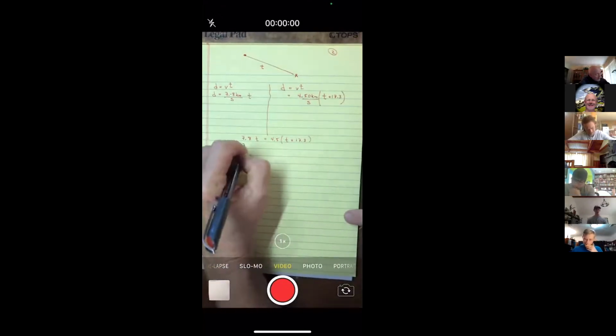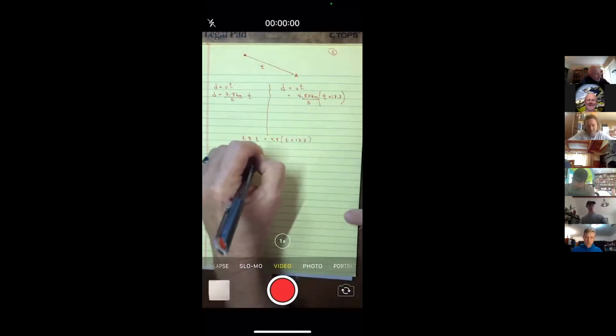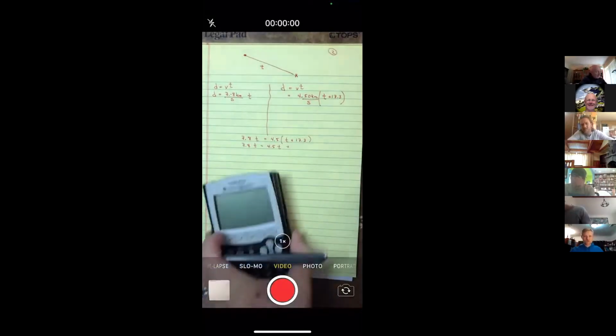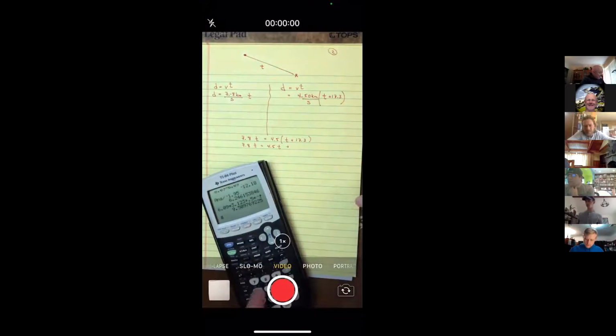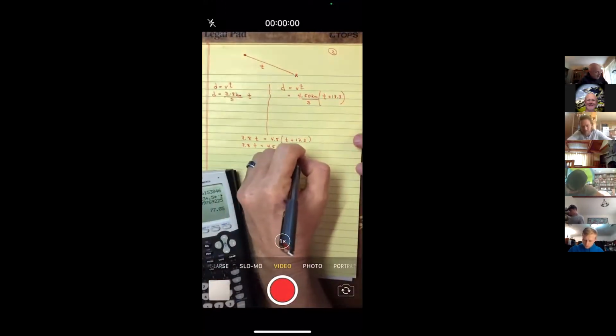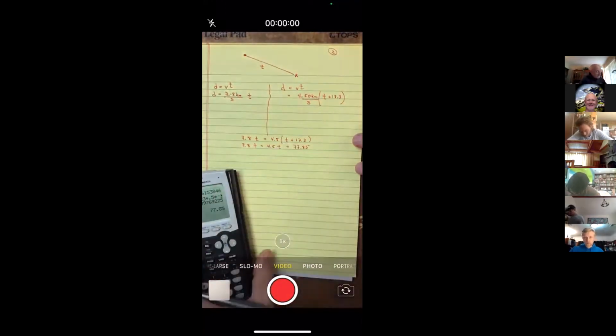Why don't I do it this way? 7.8 t equals, we'll have to do the distributive property. What is 4.5 times 17.3? And so this would be 77.85.